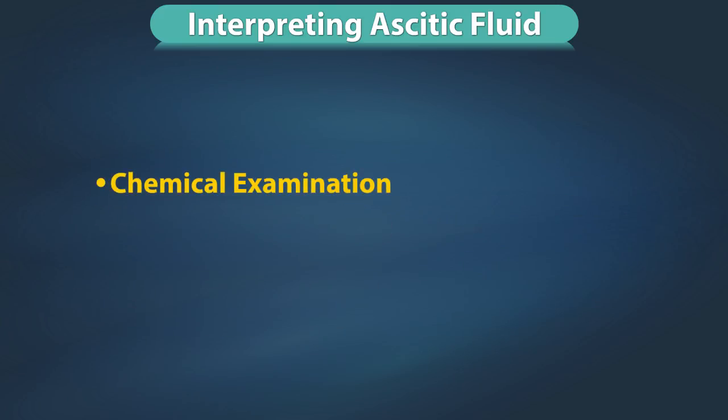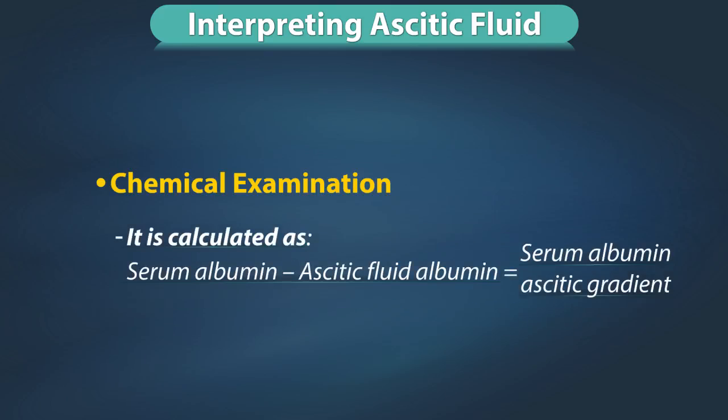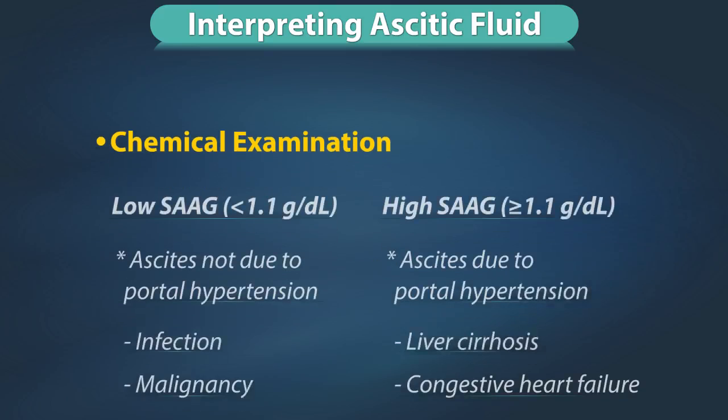Chemical examination. The serum ascites albumin gradient, or the SAAG, is superior to total protein concentration to differentiate cirrhosis as a cause. It is calculated as serum albumin minus ascitic albumin equals the serum ascites albumin gradient.